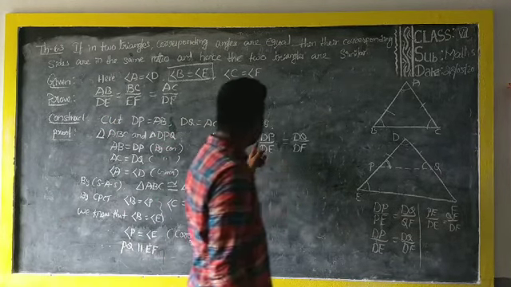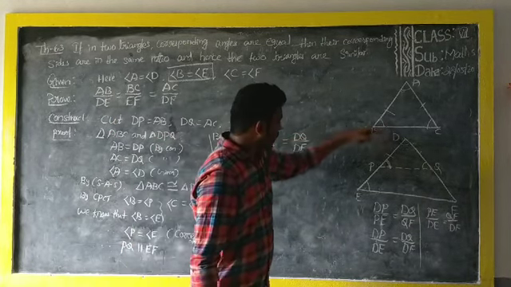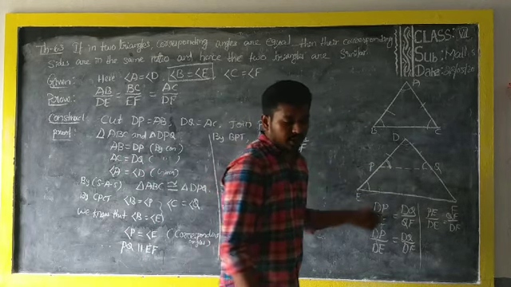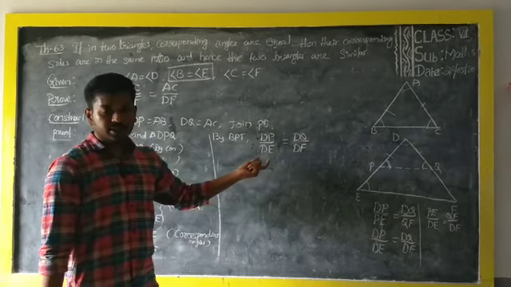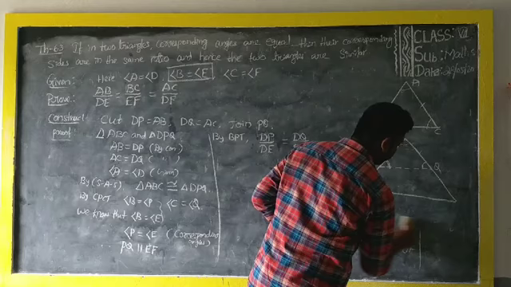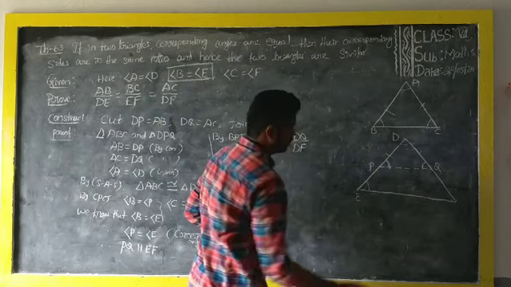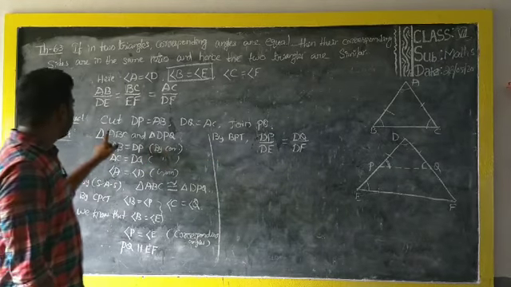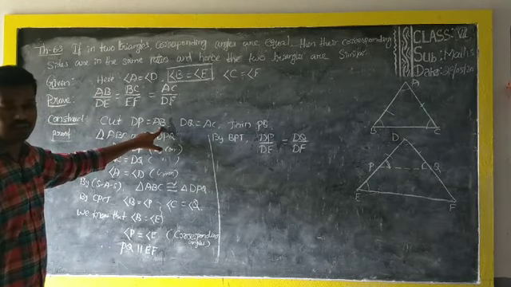Okay, that is why I take here DP by DE equals DQ by DF. This type of ratio I solved in example 1. If you observe example 1, you will get, so already we know that DP is equal to AB.